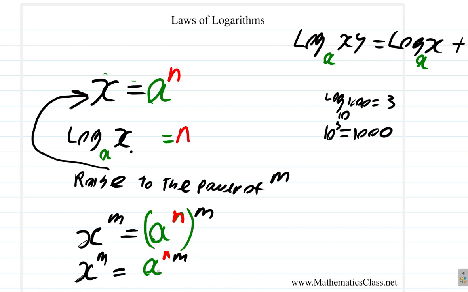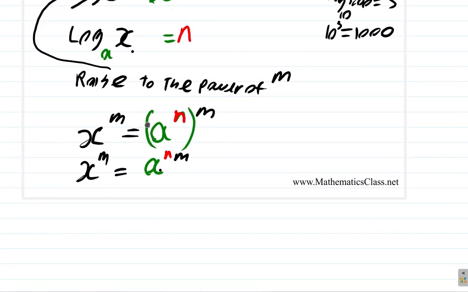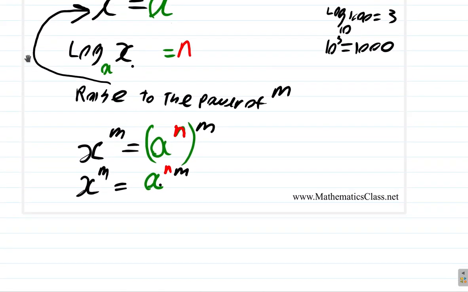After that, we say, what can we do with that? Let's rewrite it in log form and see what happens. What we have is a to a power.